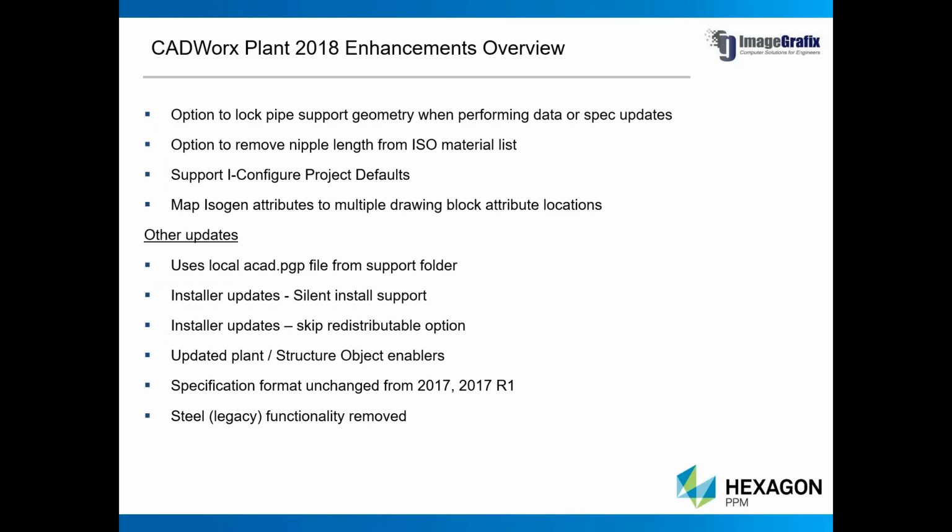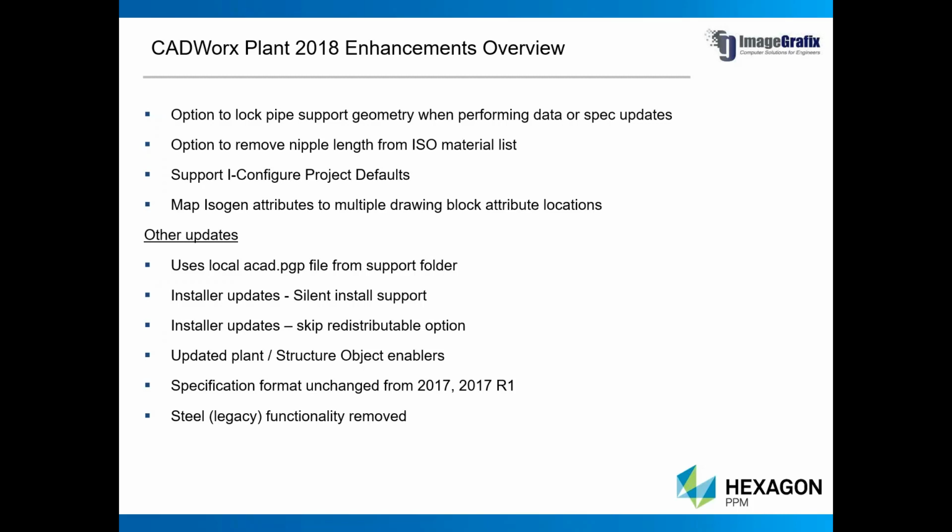Support icon figure project defaults, where you can make changes in your icon figure settings, will update in your isometric output template. Map Isogen attributes to multiple drawing block attribute locations. So these are all the main updates.